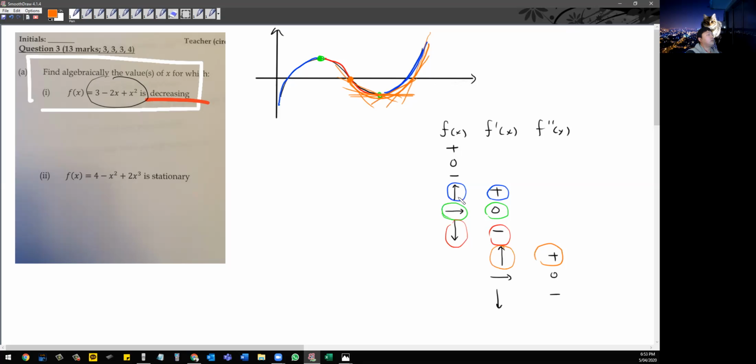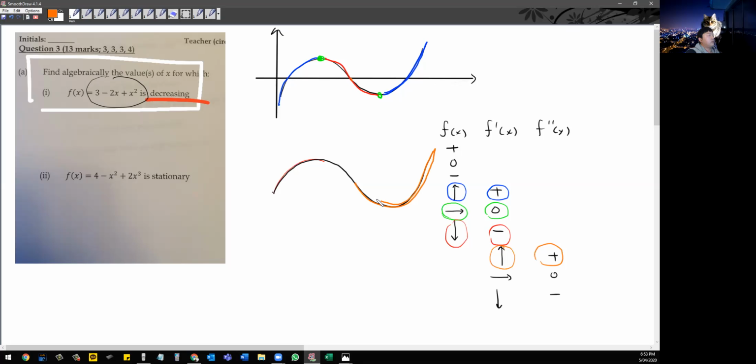So from that point onward, I'm going to copy the profile of this, like so.